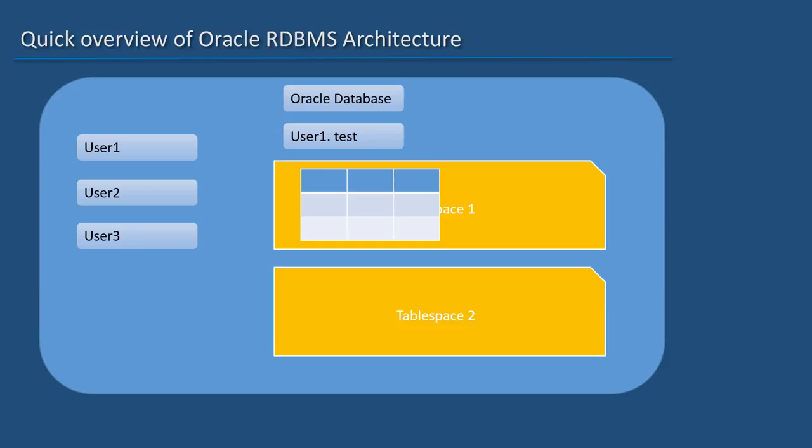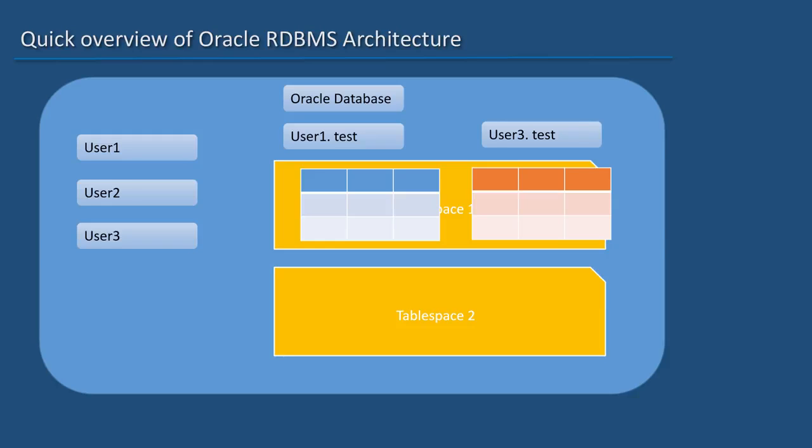Objects such as tables are owned by users. For example, user 1 can create a table called test. It can be addressed as user1.test. User 3 can also create a table called test, and it can be addressed as user3.test.